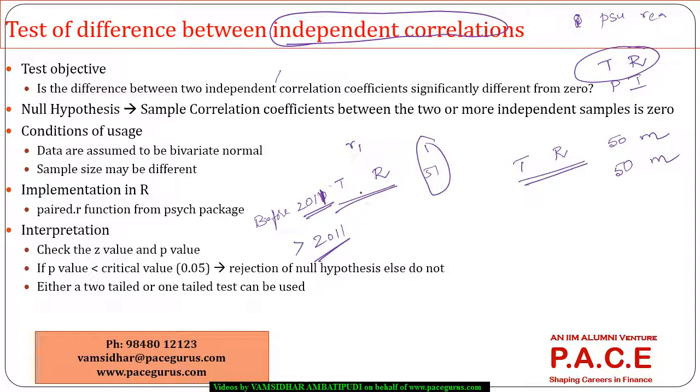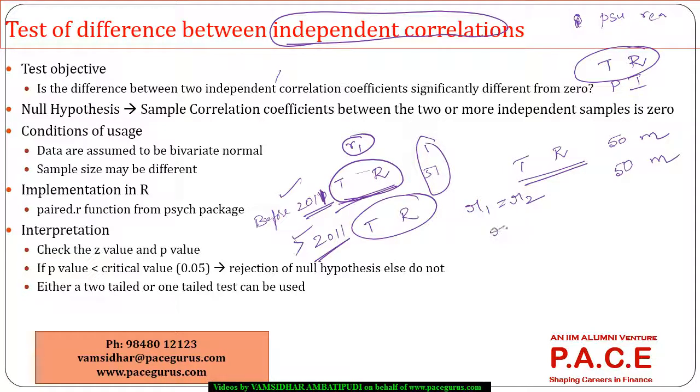I want to find out whether the correlation before 2011 between telecom and reality, say R1, and after 2011, R2, assuming these are completely independent, are more or less equal.